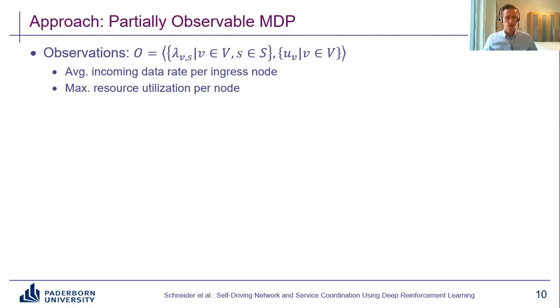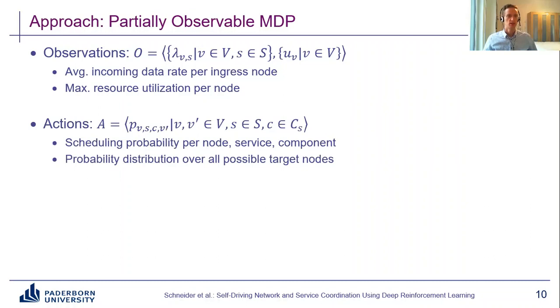Based on these partial and delayed observations, the agent takes actions, and the actions specify these scheduling probabilities per node, per service, per component. So basically all these entries that you saw earlier in the scheduling table that decide where flows should be sent. There's an additional constraint that each row of the scheduling table needs to sum up to 1.